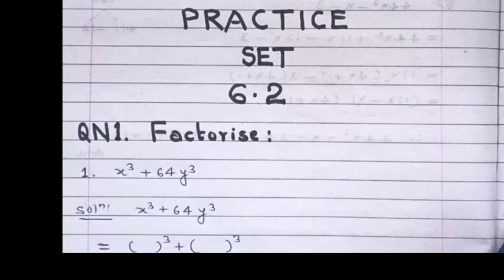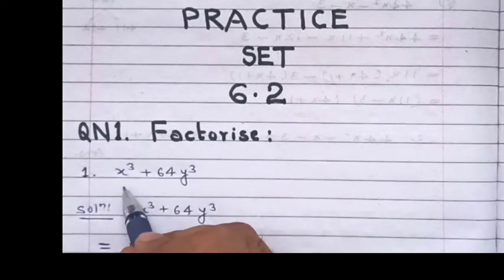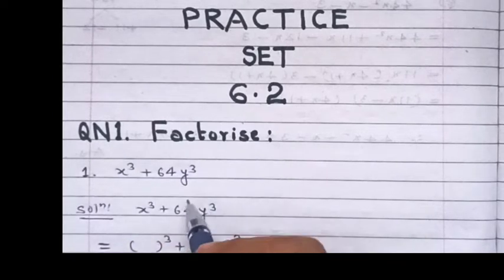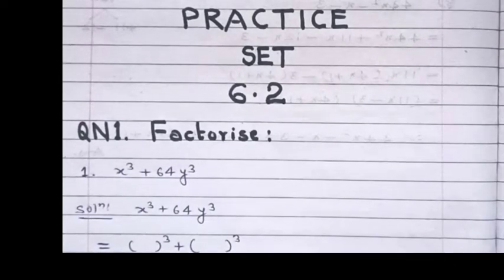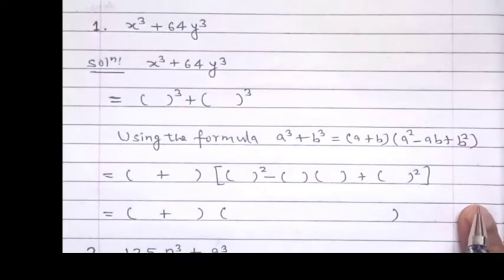Practice set 6.2, question number 1. Factorize. First question is x cube plus 64y cube. To find the answer, first of all, you have to check the cubes of these two numbers.